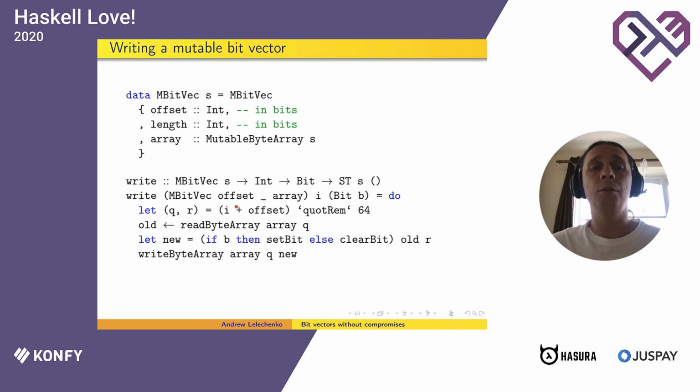Again, we need to learn the actual position in our mutable byte array. We need to find in which word our bit is located, and the actual location of our bit inside that word. All nice and good. We have all functions available from the GHC base package. So we just read the word, then we either set or clear the relevant bit in it, and then write it back.